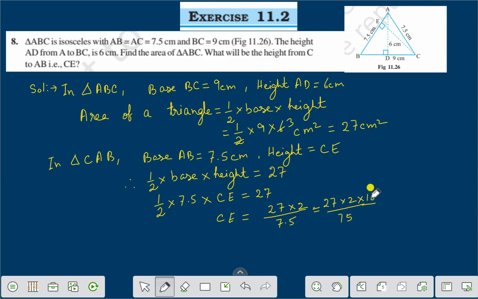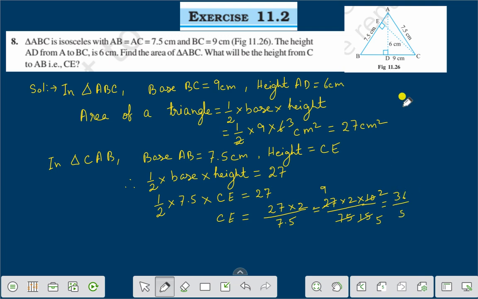Now if we divide by 5, 5 into 10 is 2, and 75 divided by 5 is 15. Now we divide by 3. 3 fives are 15, and 3 nines are 27, 9 twos are 18, 18 twos are 36, that is 36 by 5.